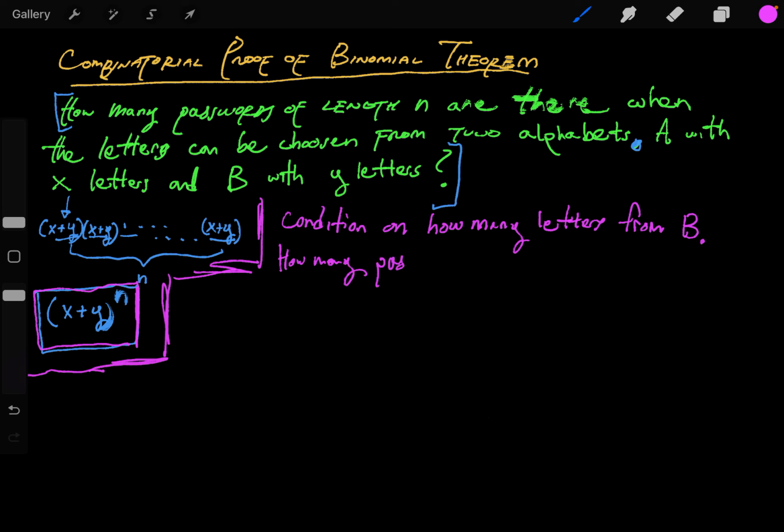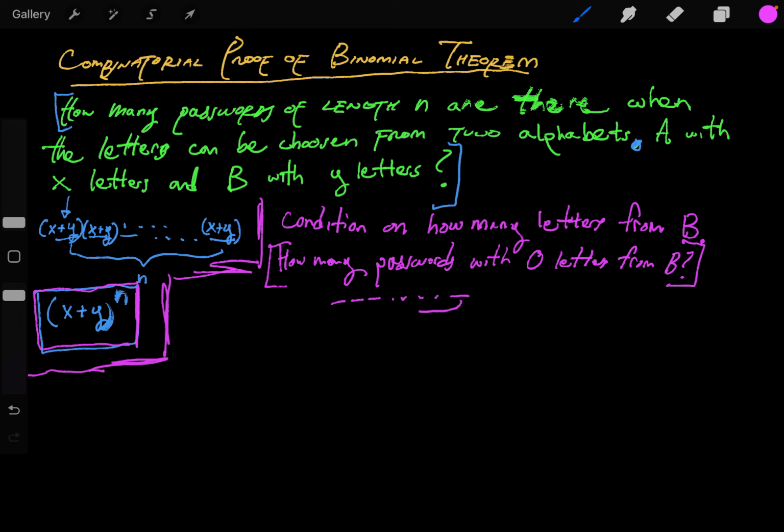So the first question I'm going to ask is, how many passwords with 0 letters from B are there? Well, if there's no letters from B, then all of the letters must be from A. So I have n slots again.